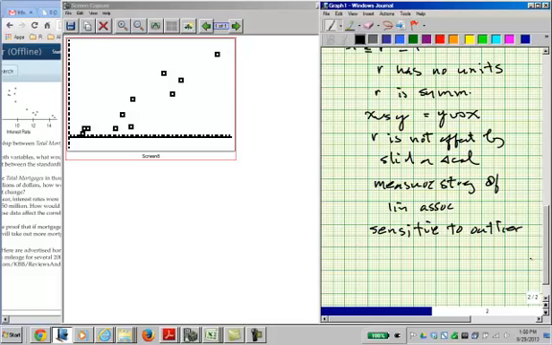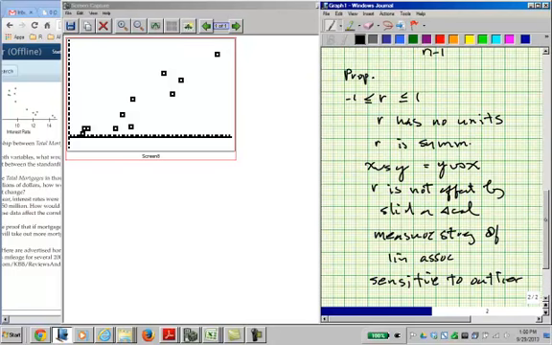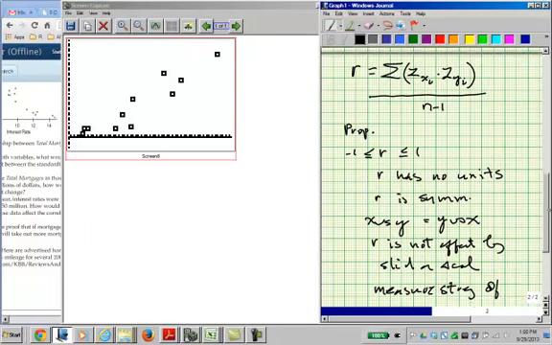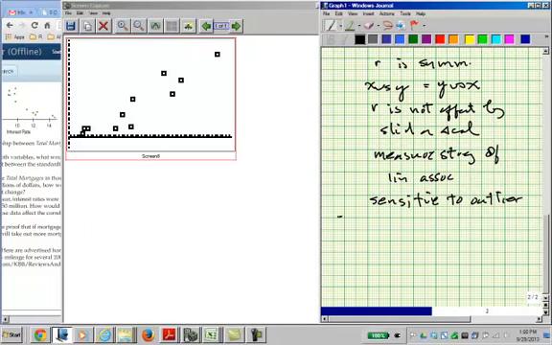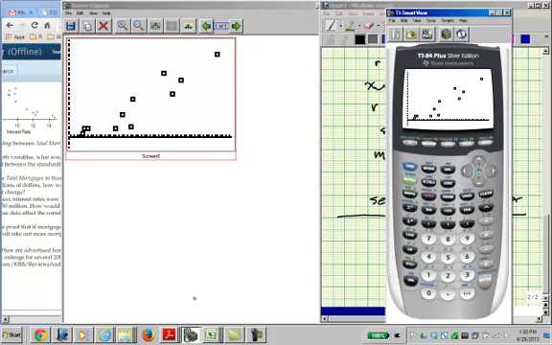How do you calculate it? Are you going to calculate the z-scores and do all of that? No. As you've known before, your calculator does all the work. So we get the calculator out. Now we already have the x-coordinates and y-coordinates. So we are going to calculate the line of best fit, and that will calculate correlation for us.